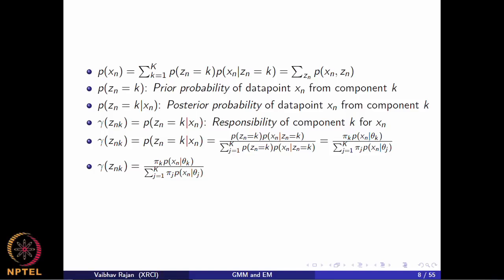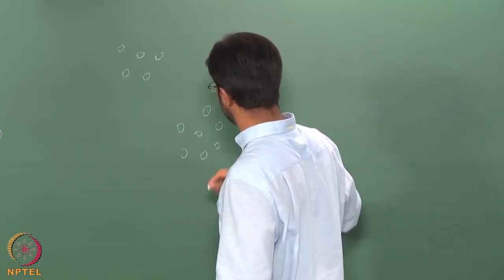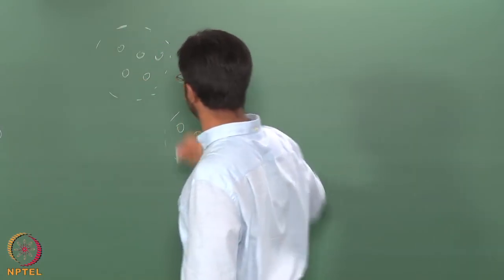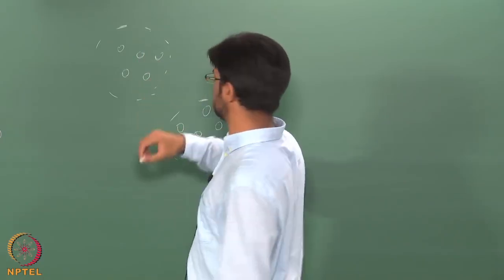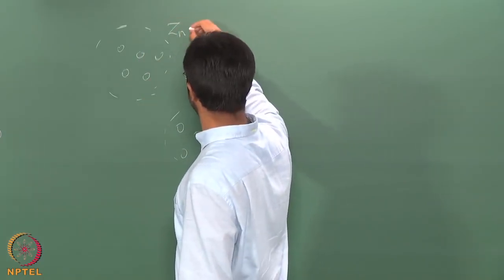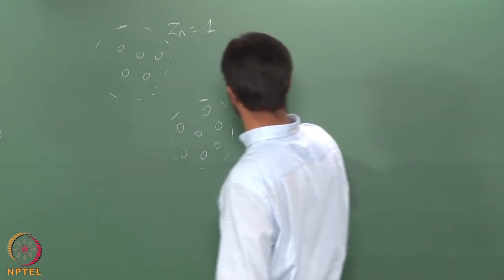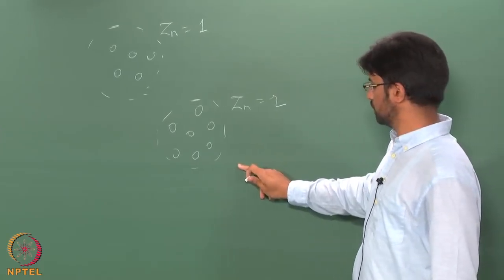So what I mean is, suppose you have data points here, you have two clusters, and if you knew how it was generated, then the cluster label for all these points would be say 1, and the cluster labels for all these points would be 2.